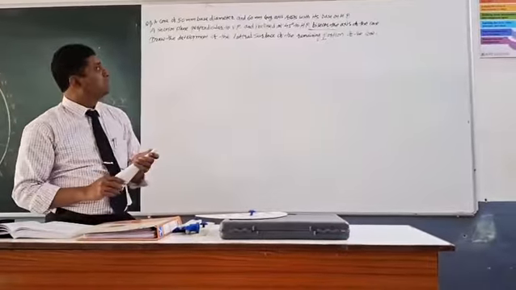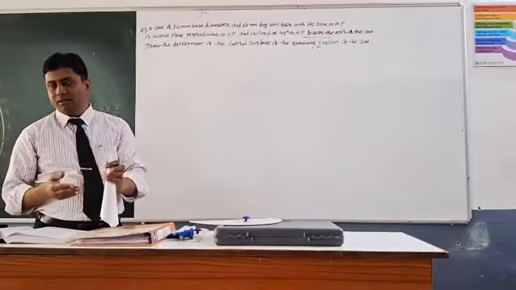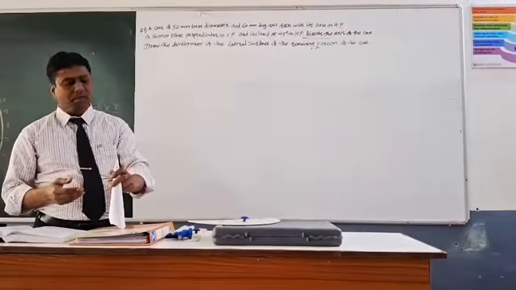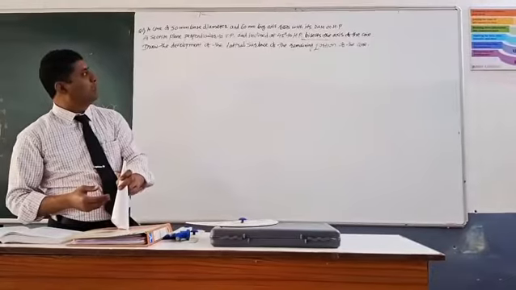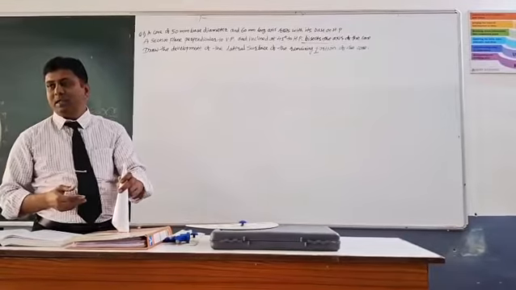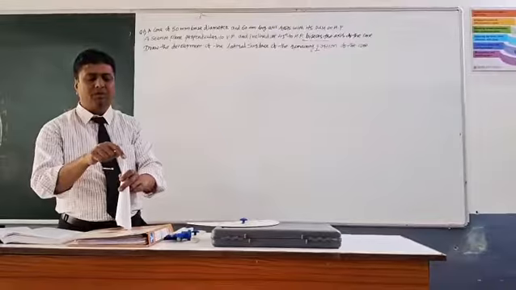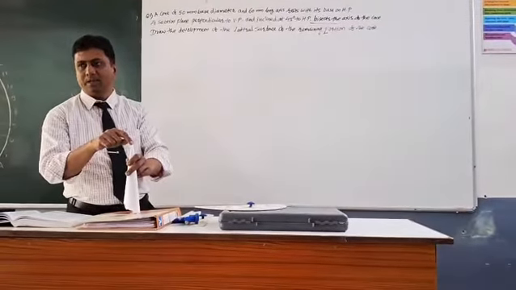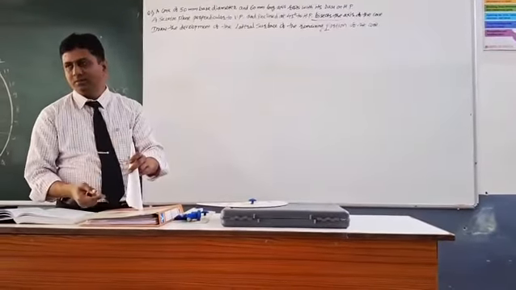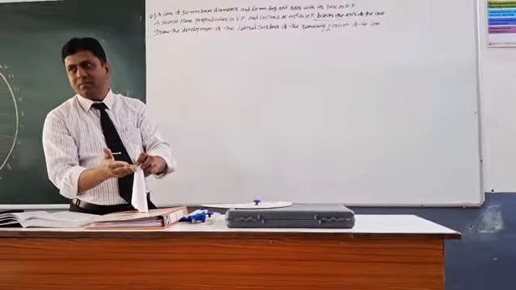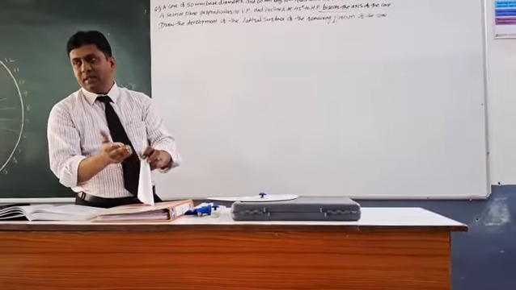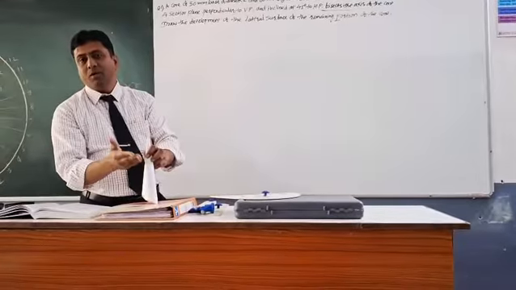Now here it is mentioned that one section plane is passing and inclined 45 degree to HP bisecting the axis of the cone. Axis of the cone means the line joining the apex to the center of the base. So the plane is passing means it cuts the axis exactly at the midpoint.